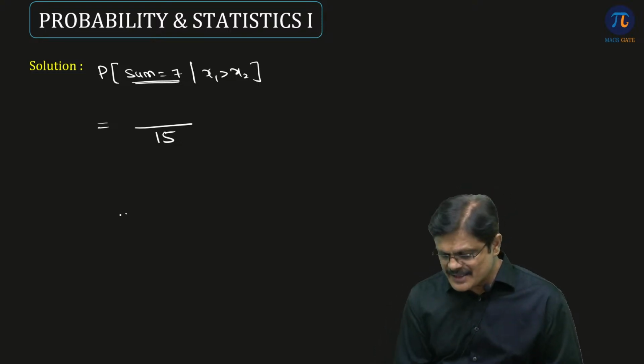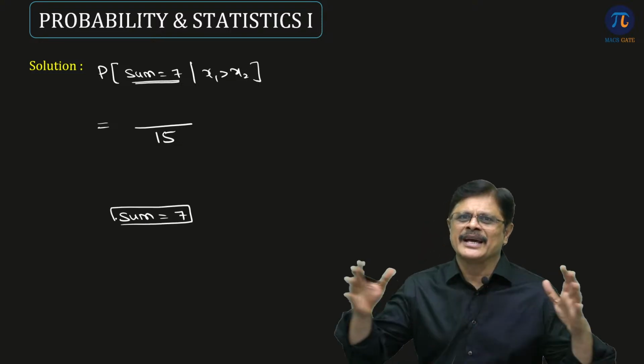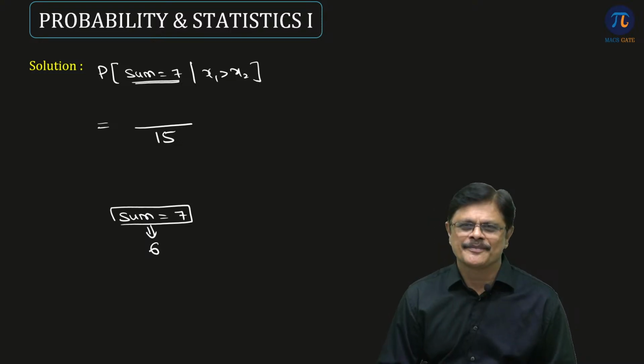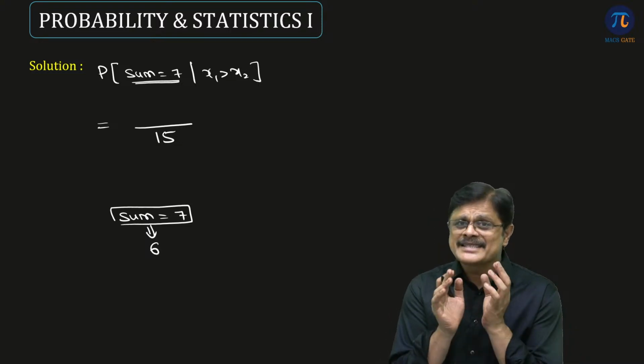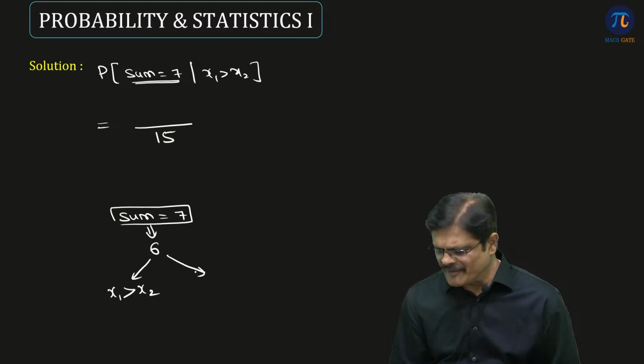See, my dear friends, normally you know for sum equal to 7, how many cases are favorable? When two dice are rolled, for sum equal to 7, 6 cases are favorable. So whenever it is an even number like 6, half of them are favorable for x1 greater than x2 and half of them are favorable for x1 less than x2.